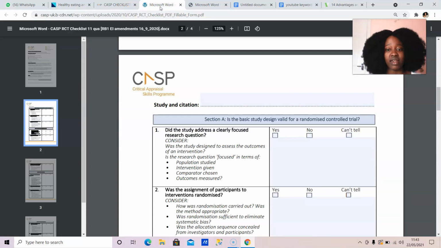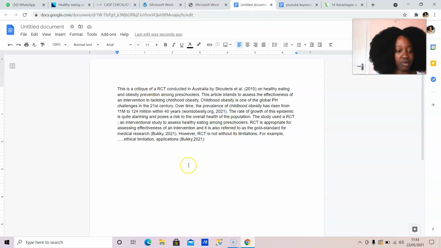Did the study address a clearly focused research question? So to start the write-up, the study addressed. Oh, another thing you can do, after writing all this, is include that you're going to use the CASP tool.